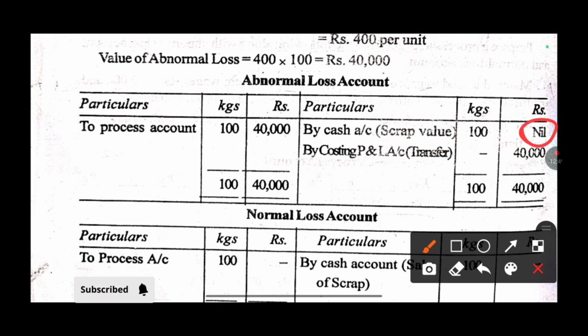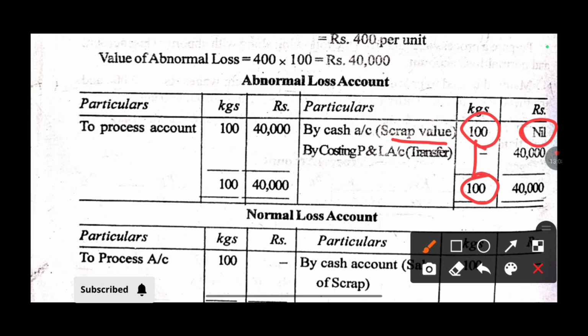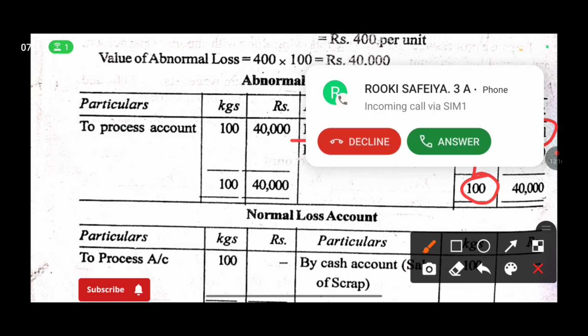Understand clearly that the total 100 kgs of abnormal loss is sold through scrap value. Whenever you sell through scrap value, you are getting cash, right? So we are going to write 'by cash account', 100.